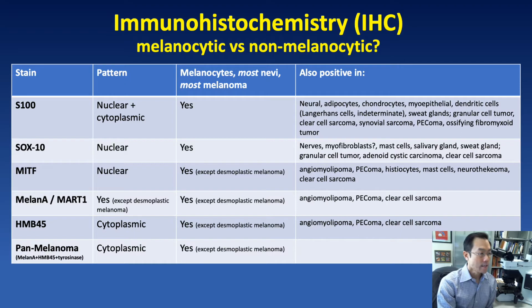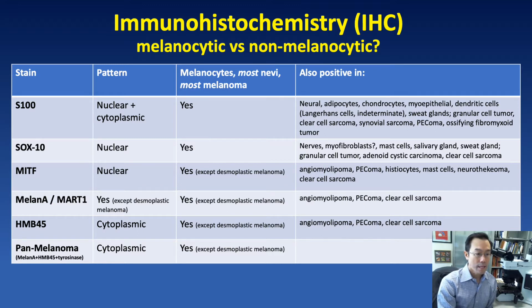differentiation. This is not a complete list, but I think this is a fairly comprehensive list for the most commonly employed immunostains for melanocytes. Note that one must be aware of what the expected staining pattern is, nuclear, cytoplasmic, or both in the case of S100. And although most of these markers will stain melanocytes, most melanocytic nevi, most melanomas, there is a notable exception here for desmoplastic melanoma for several of these stains.